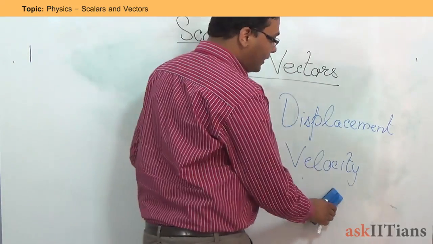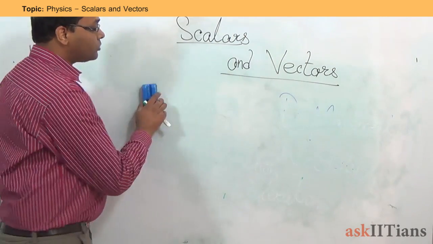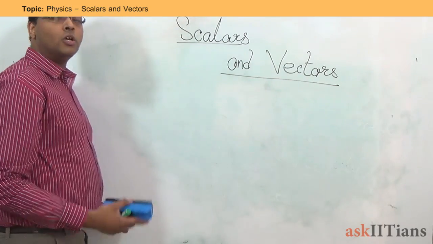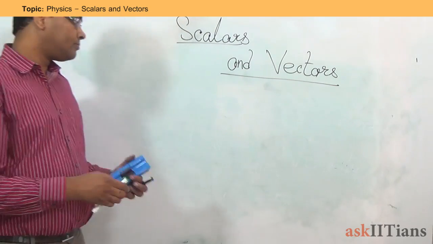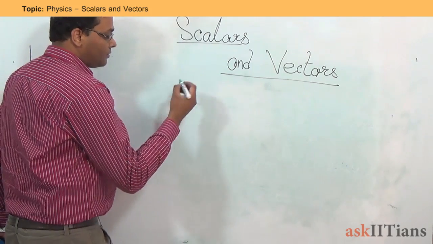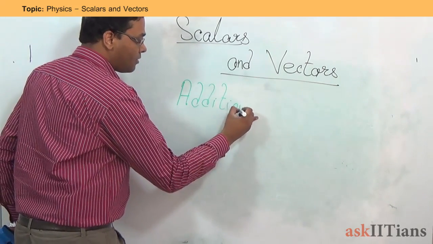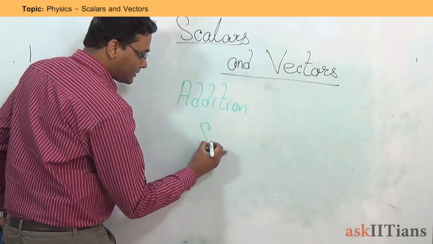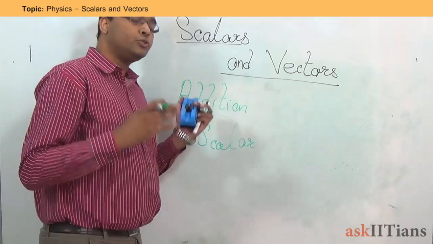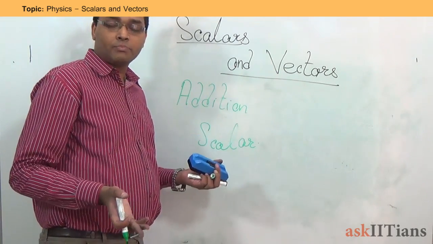If we go further, let me see how to add two scalar quantities or two vector quantities. What is the basic difference? Let us first try to understand addition. For scalar quantities, if you are given two quantities which have the same dimensions, you can simply add them, irrespective of any direction being specified.